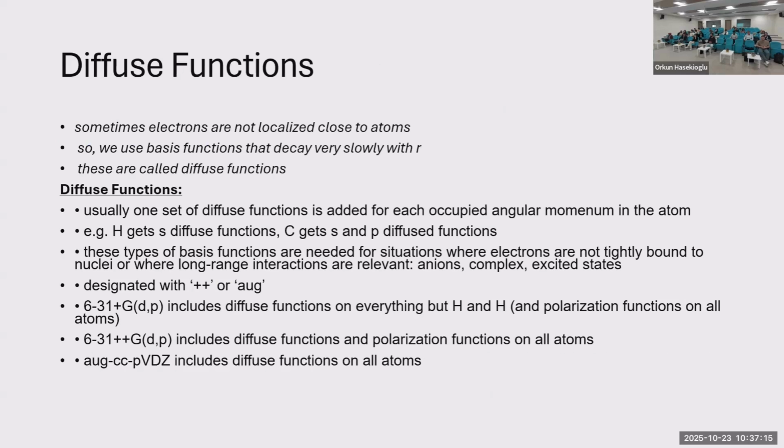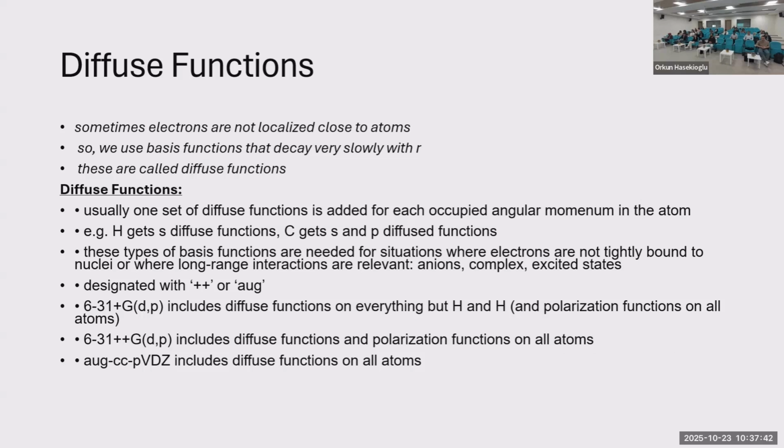And then we have diffuse functions. Sometimes electrons are not localized close to atoms, so we use basis functions that decay very slowly with r. These are called diffuse functions. Usually one set of diffuse functions is added to each occupied angular momentum in the atom.